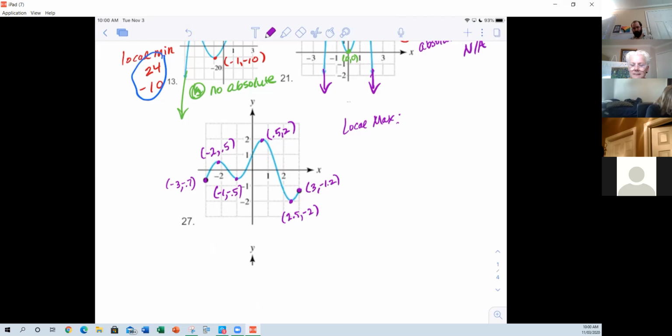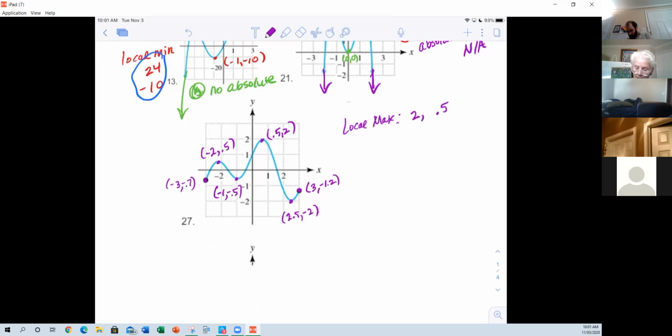What are the Y values of the top points? 2 is one of them. And there's another peak, the one where it says 0.5. Right, so those are our local maximums.